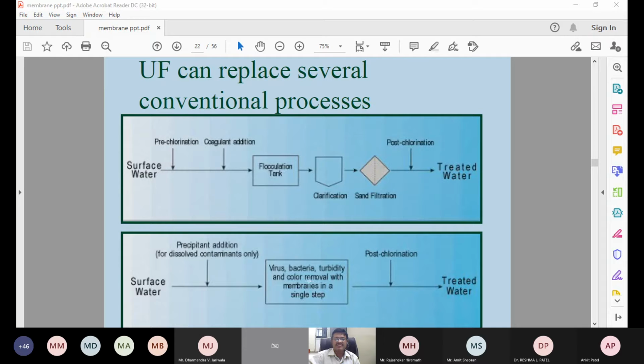So directly in our water treatment plant which is taking only river water, if you use the UF system, you do not need all these three things. Flocculation tank, clarification tank, sand filtration, everything you can remove. Directly feed it into it and then do post chlorination. So whatever virus and bacteria can pass through UF can be chlorinated and then it can be treated water.